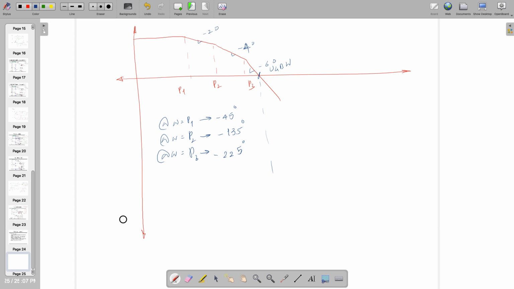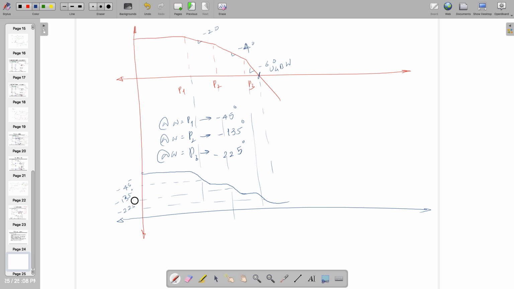So after drawing this, you will understand that this becomes minus 45 degrees, this becomes minus 135 degrees, and this becomes minus 225 degrees.